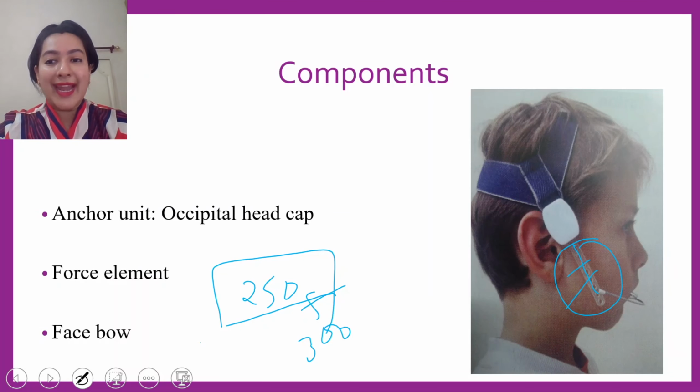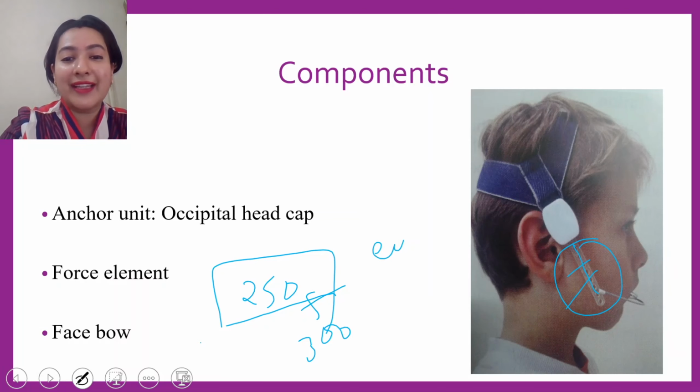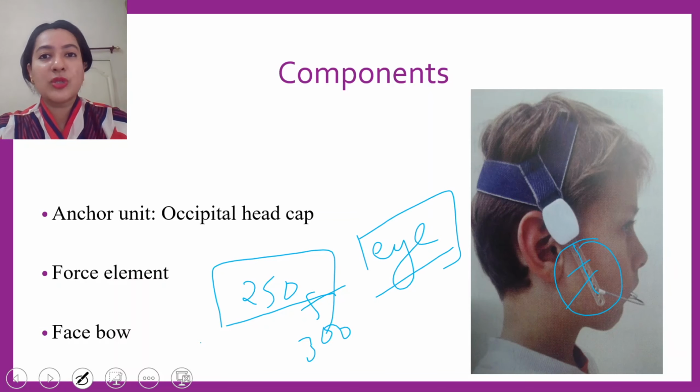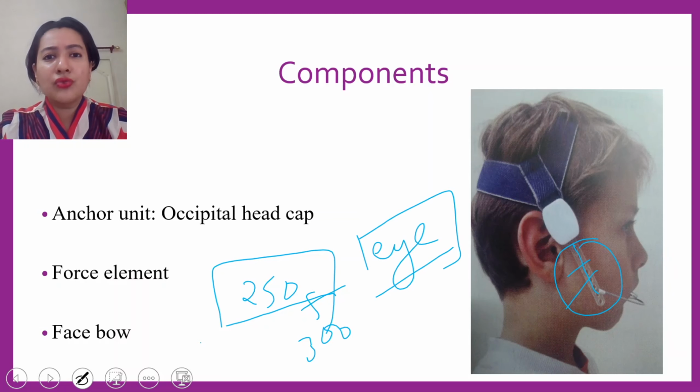Now, injuries with headgear are very common, and the most commonly affected region is the eye region. Therefore, we always instruct the patient that you are very much prone to injuries, so do not wear the headgear while you are playing. In case anybody tries to attack you on the headgear, where do you have to hold it so that you do not get any injury?